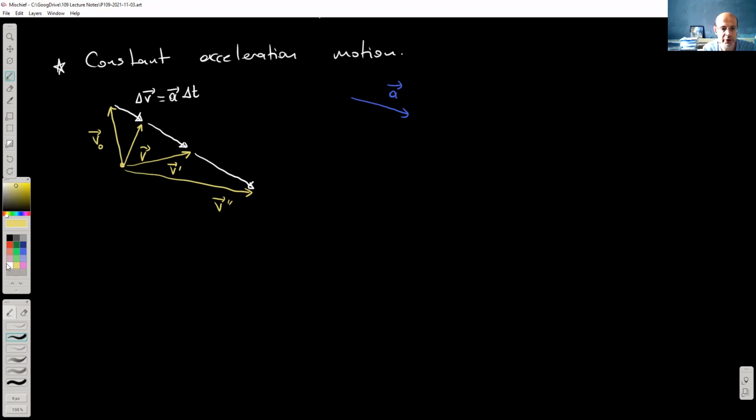All right, so I'm just going to do it with a simple situation. So let's say this is time t equals 0. And let's say that this is the velocity at time t, right? I think I'm going to use white color in here.